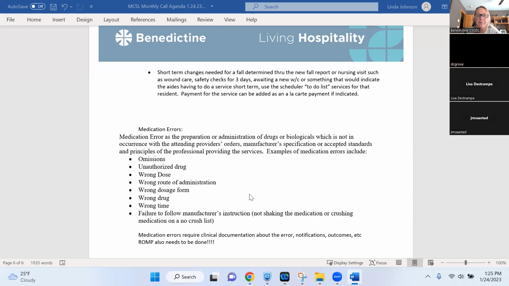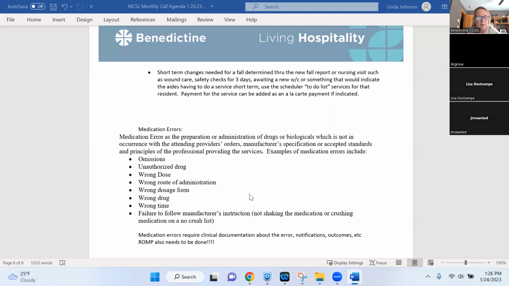You might have proof on your med card that they gave it, but you don't have documentation on the EMR, that's a med error. If it's the wrong drug, wrong dose, wrong time, wrong person, they didn't shake the med, they didn't crush the med, or they crushed it and it's a no crush med. Those are all medication errors, and we need to document it.